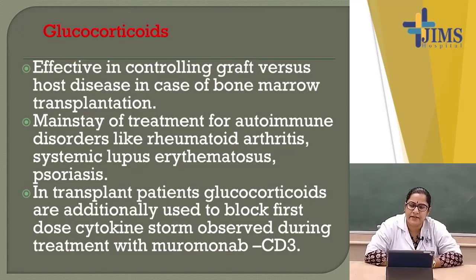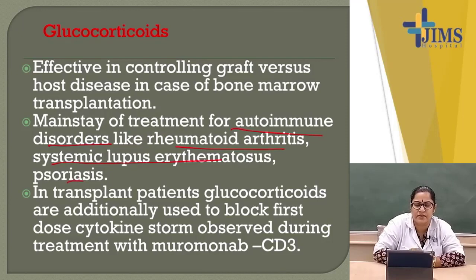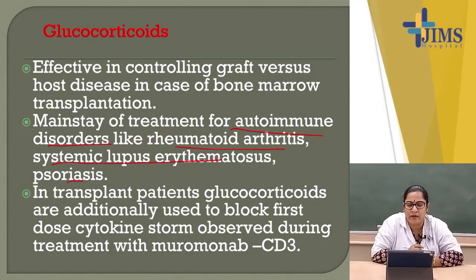So it is effective in controlling graft versus host disease in bone marrow transplantation. The mainstay of treatment for autoimmune disorders like rheumatoid arthritis, psoriasis, and systemic lupus erythematosus, this glucocorticoid is one of the main ways of treatment.